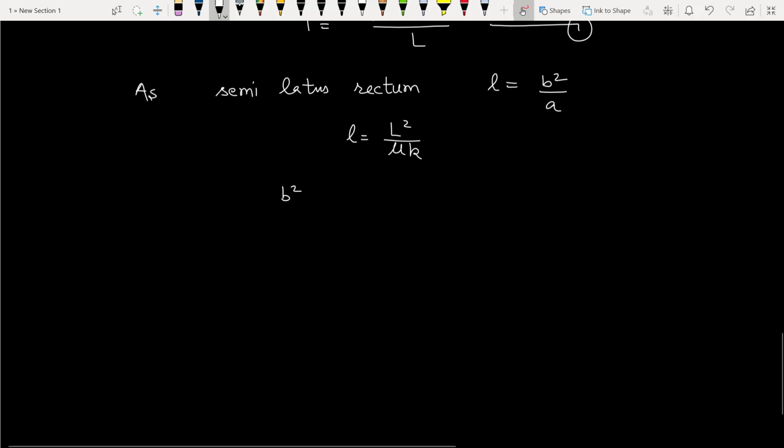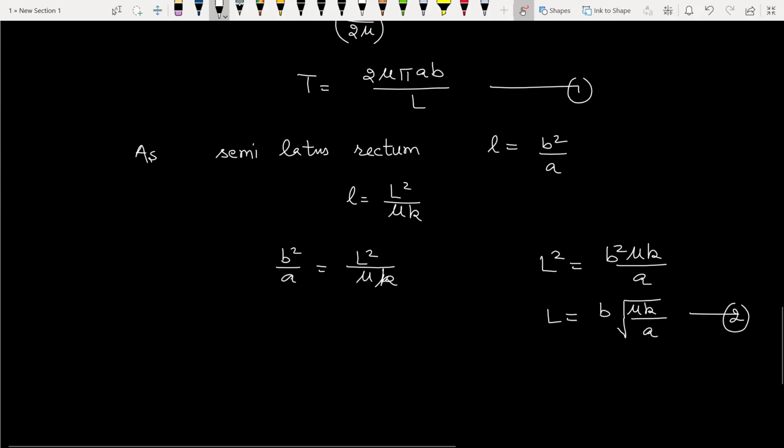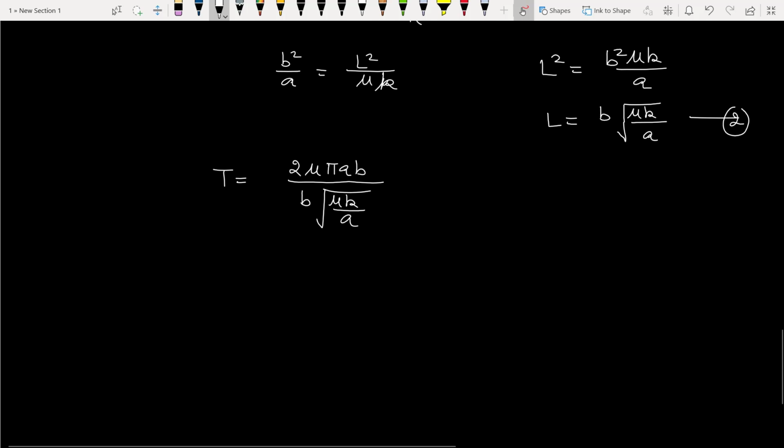So if we combine the two, L square is equal to b square mu k divided by a. So L is equal to b root of mu k divided by a. So from 1 and 2, the time period will be given by 2 mu pi a b divided by L, where L is b root of mu k by a. So b cancels.